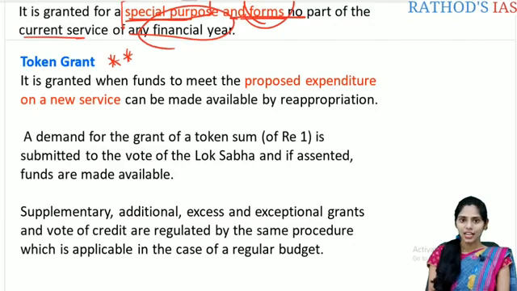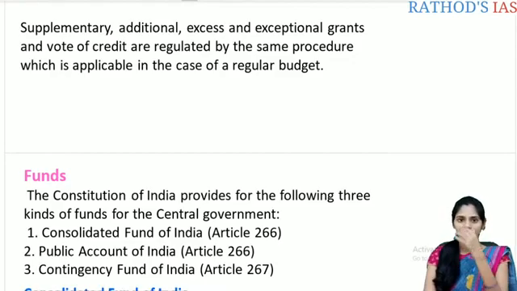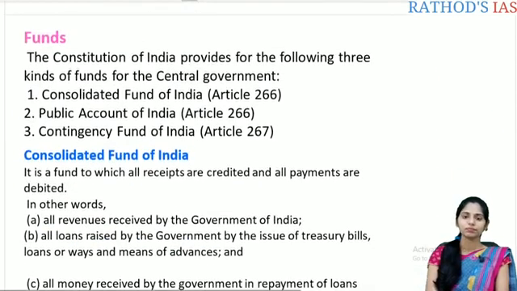So these grants are mainly for meeting the proposed expenditure on a new service. The demand for the grant of a token, that is a sum of rupee 1, is submitted to the vote of the Lok Sabha, and if it is assented to, then the funds are made available under this token grant. So this is about the other grants, and let us now see the funds.